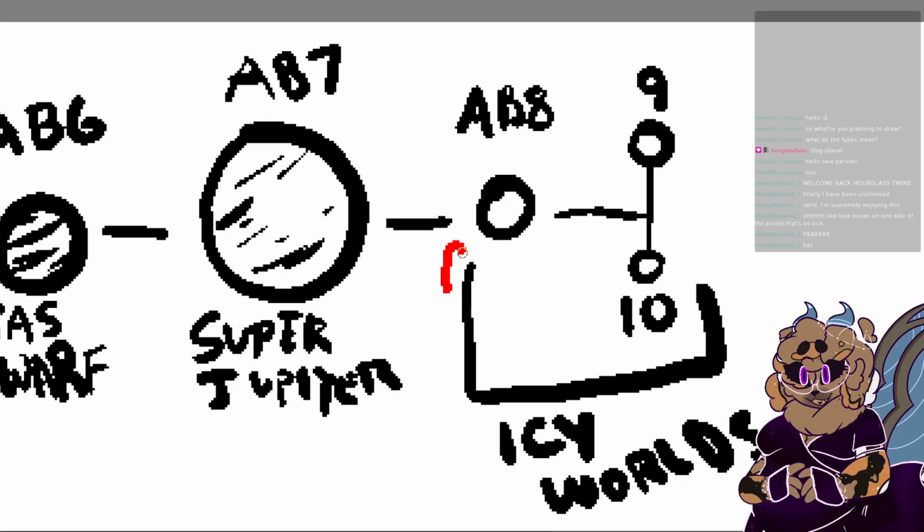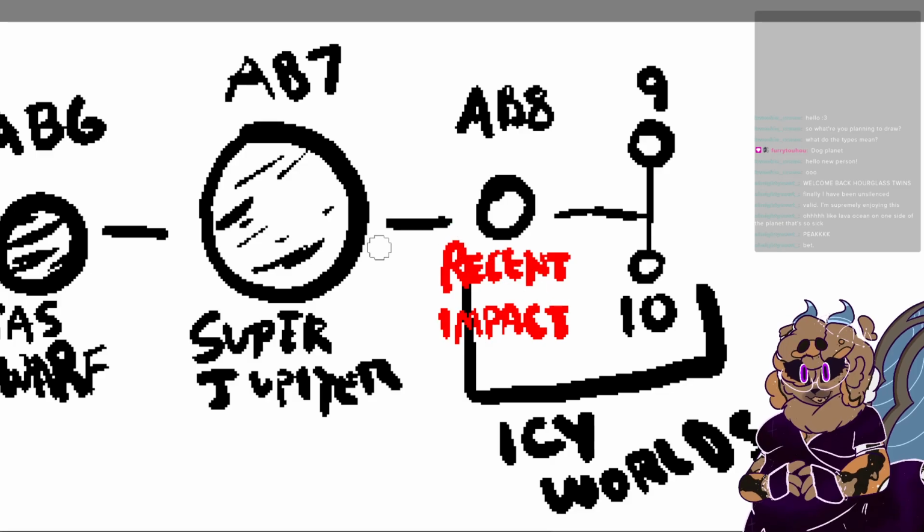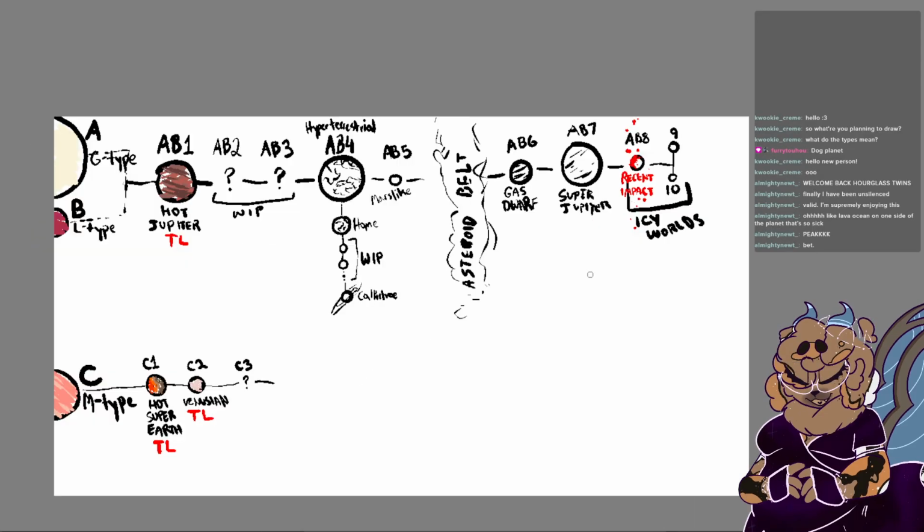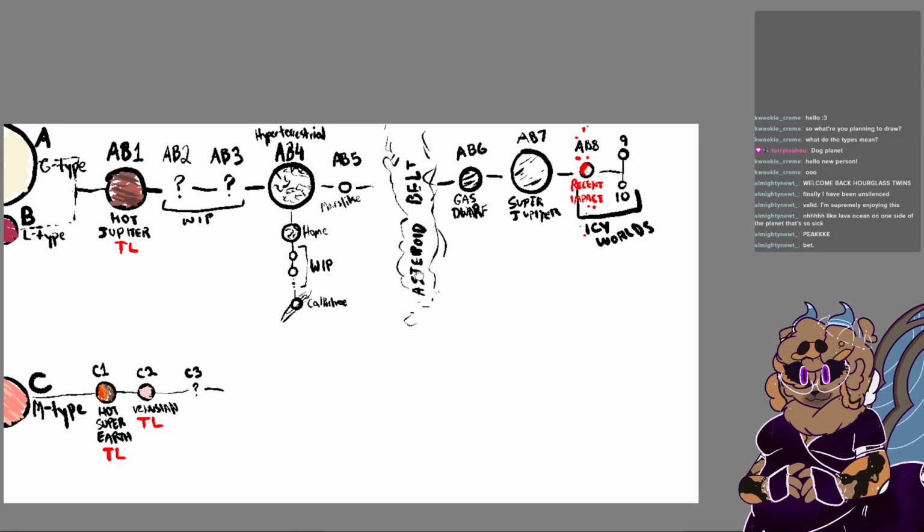So I'm going to just mark that as recent impact. And I'm just going to mark one side like that just to indicate it. Maybe put some little debris clumps around in its orbit here to indicate that. But this is going to be the source of a lot of the geothermal power in the system. I already have that much world built.